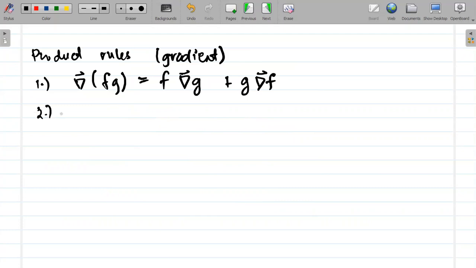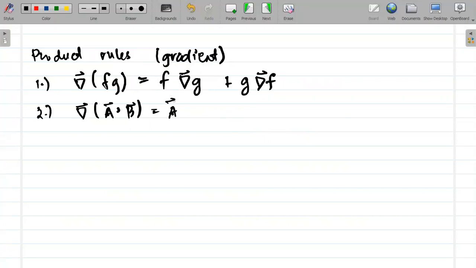And number two, we have, again, ano po yung isang scalar natin? Yung A dot B. Del ng A dot B. Class, ito yung hindi masyadong intuitive, pero sulat ko na lang din.